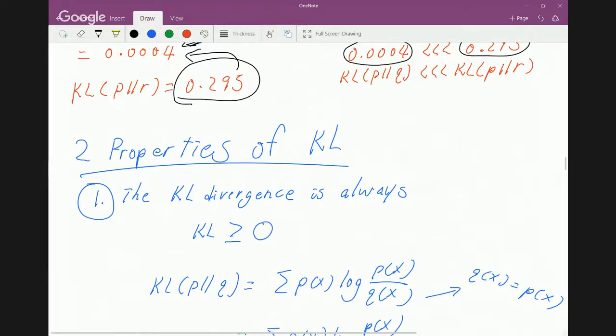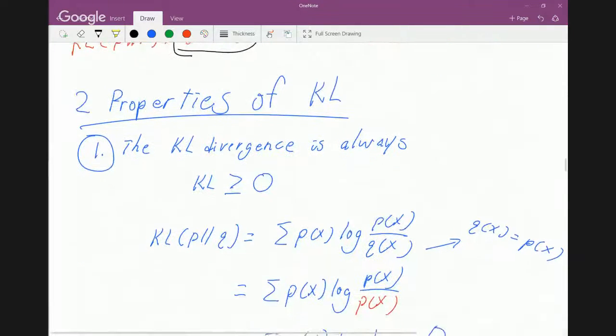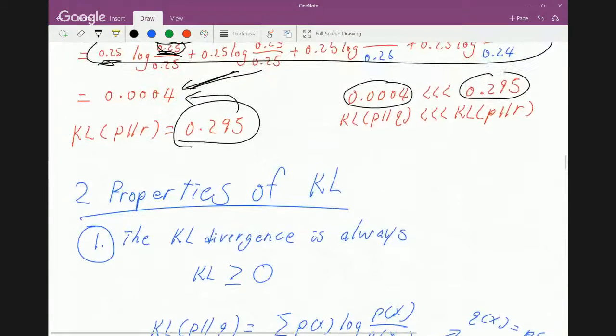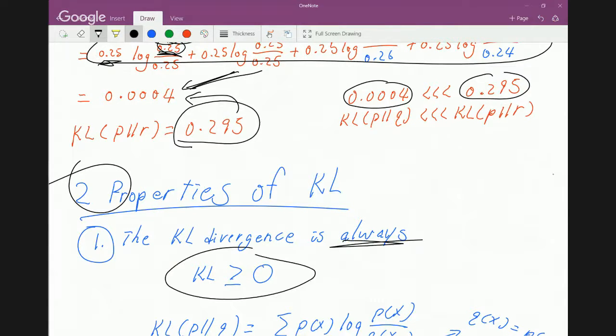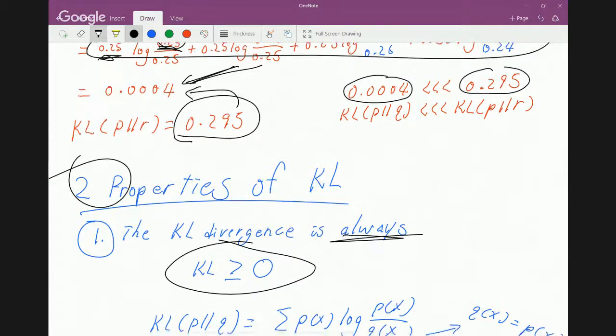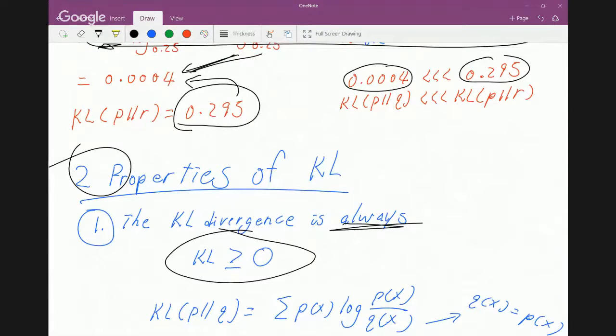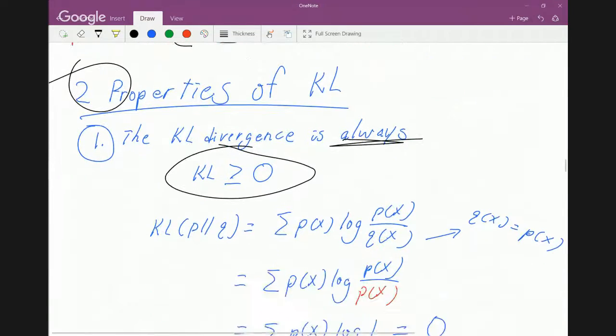Okay, so now I want to go on to explaining some of the properties of KL divergence, namely two key ones. The first one is that the KL divergence is always greater than or equal to 0. If you think about it, if you want to know the distance between two things, it's always at least 0. If they're as close as possible, then 0 is the smallest possible value.